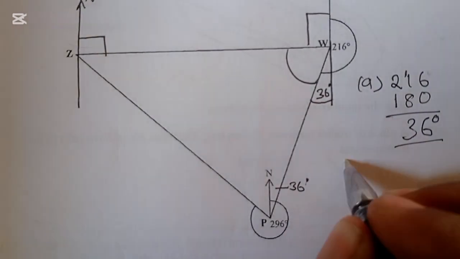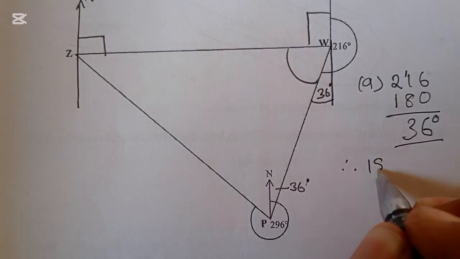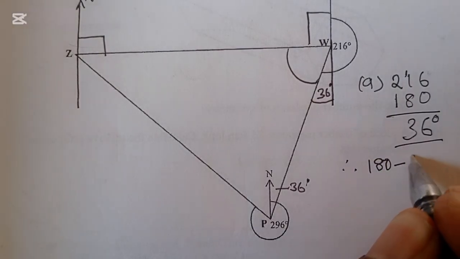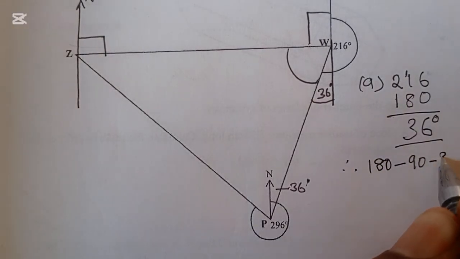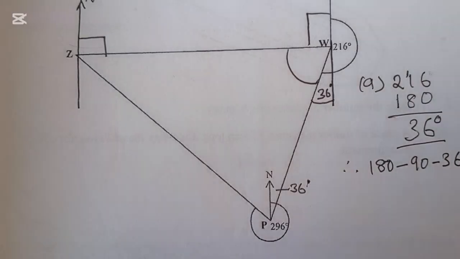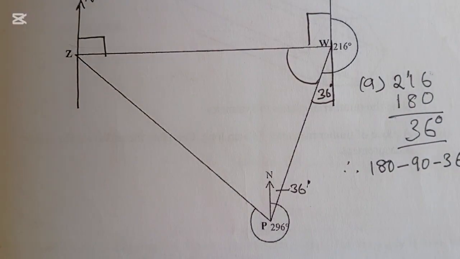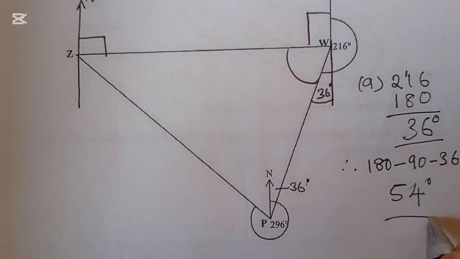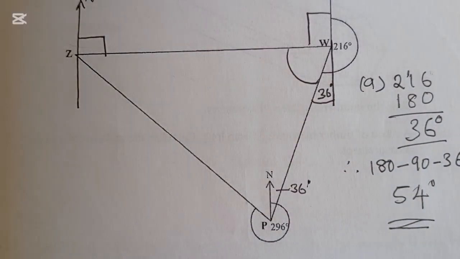Therefore, 180 minus 90 minus 36 degrees gives 54 degrees. This is not a bearing, it is an angle, so the answer is just 54. If it was a bearing, it would have been 054 degrees.